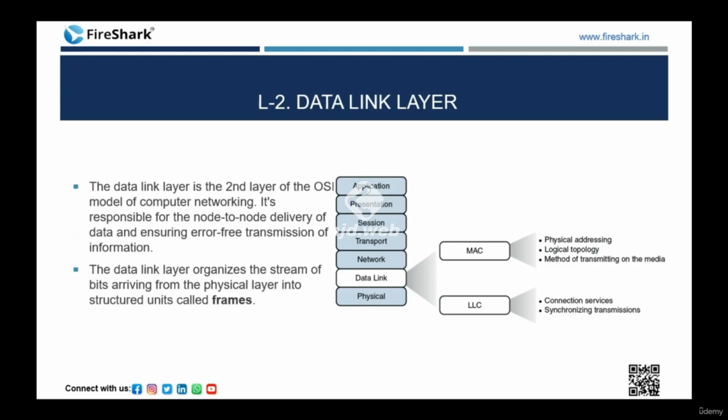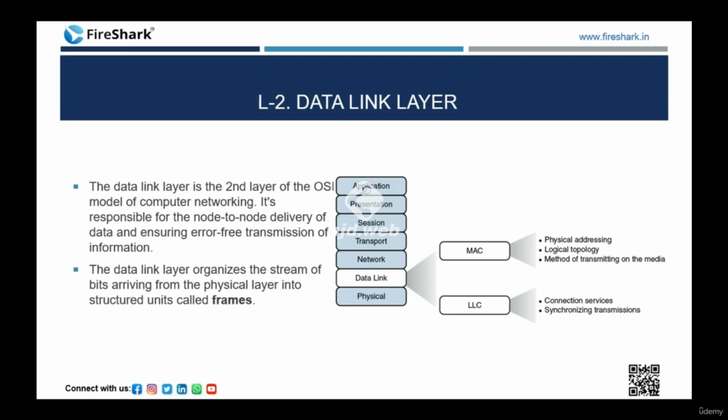The data link layer organizes the stream of bits arriving from the physical layer into structured units called frames. Basically, when data comes from the physical layer to the data link layer, the data link layer creates a frame and puts that data into framing, so that the transmission of that data packet goes through the other protocols efficiently.